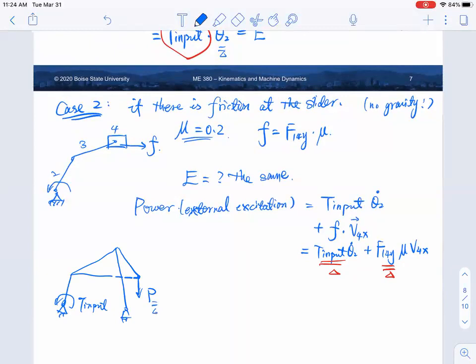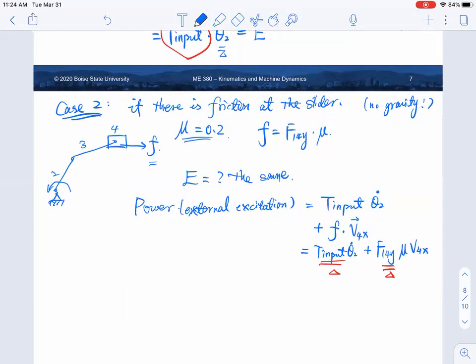But then in this case, you can use energy method still, because your P point force is a known value. If your P force is known, then you can use the energy method to find your T input. Okay. So the other way to say it is, if your friction F is given, if we know how much friction force is there, then we can still use energy method.